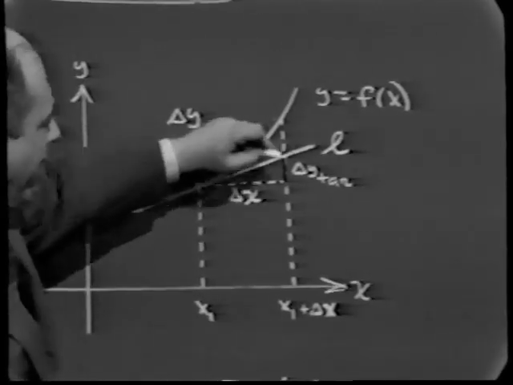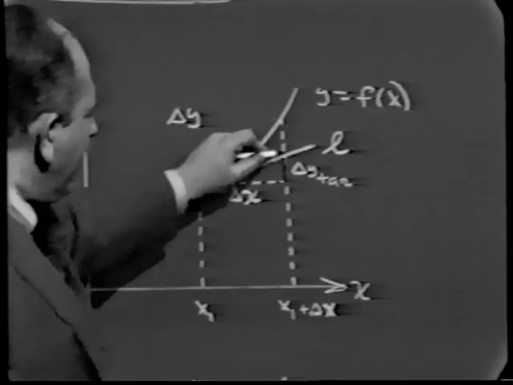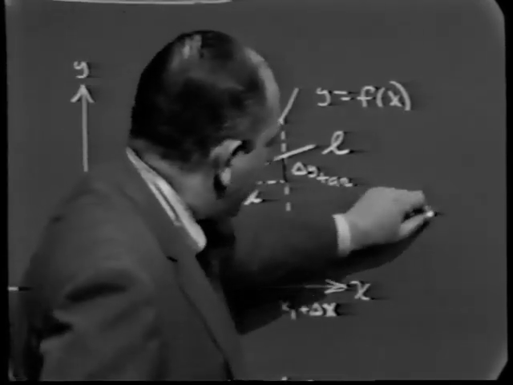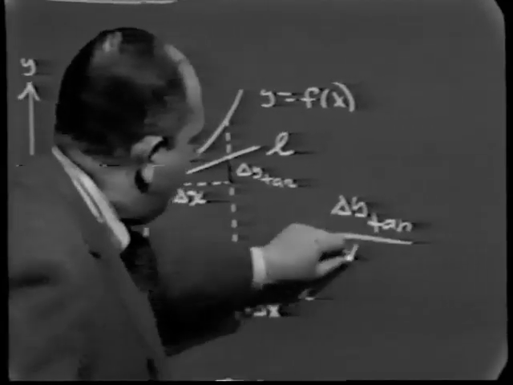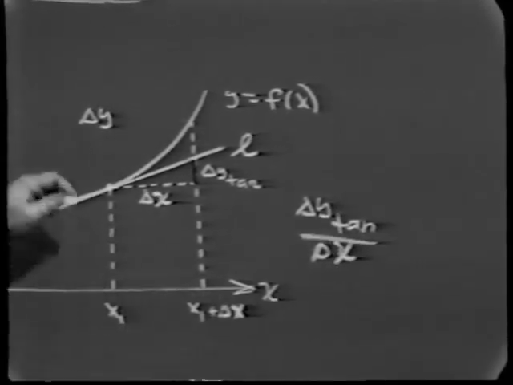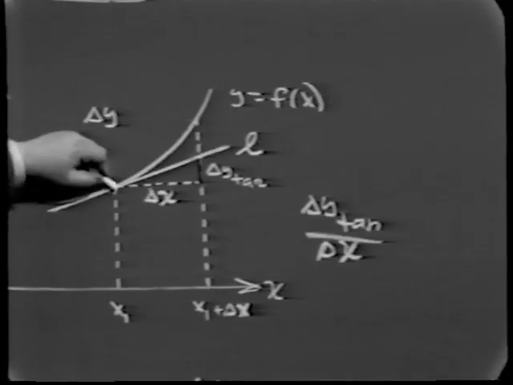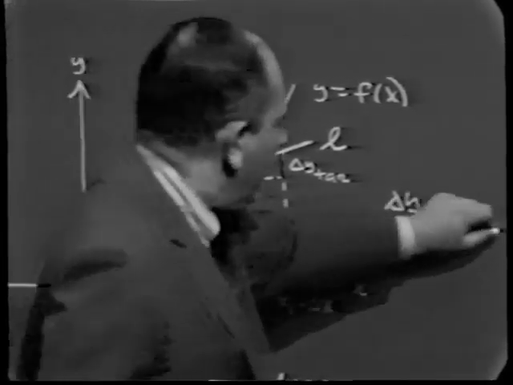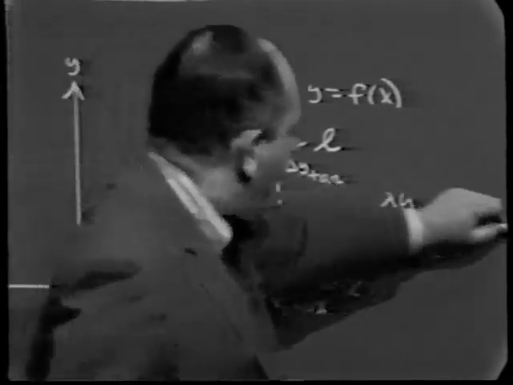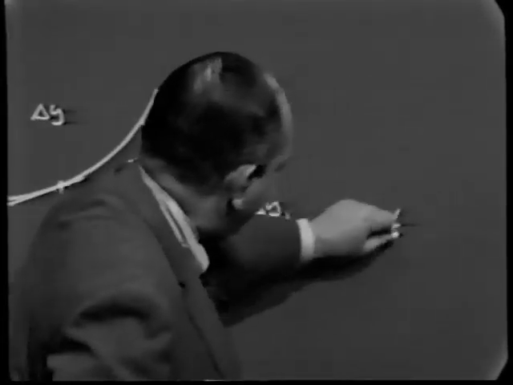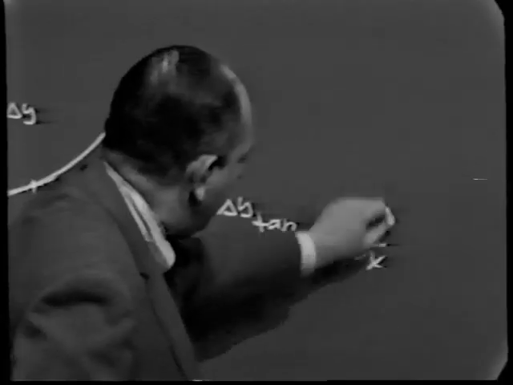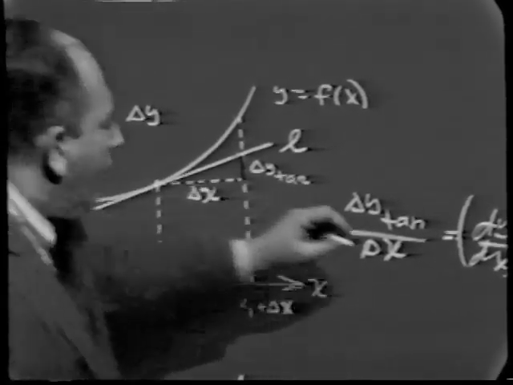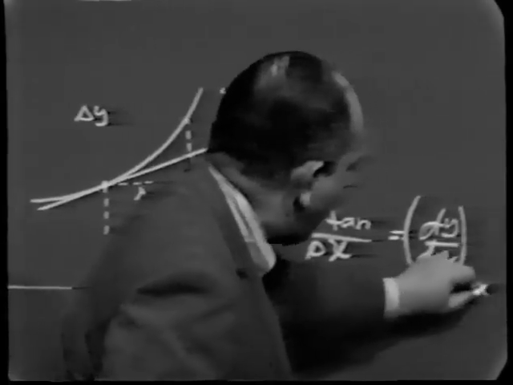And the reason for this, you see, is rather apparent. Namely, the slope of the tangent line is, on the one hand, delta y tan divided by delta x. On the other hand, by definition of slope, the slope of the line L is also equal to what? It's dy dx evaluated at the value x equals x1.